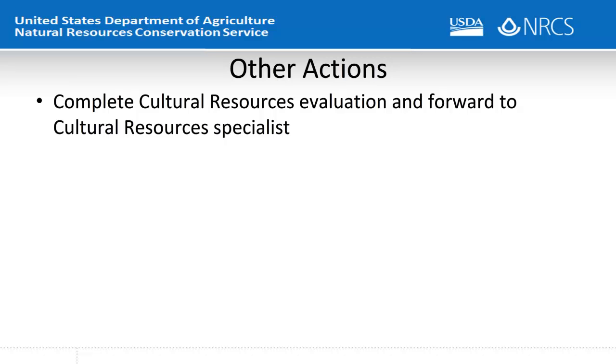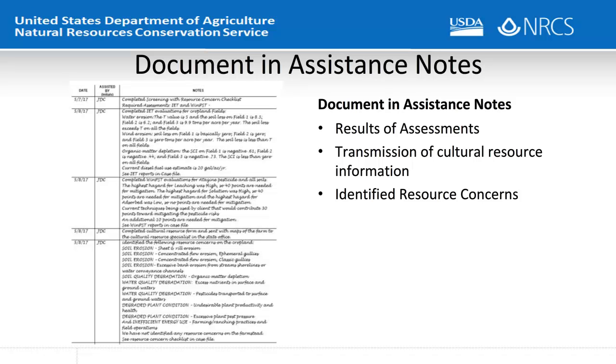A cultural resource evaluation, along with maps of the farm, should be sent to the cultural resource specialist for review and possible consultation with the State Historic Preservation Officer or affected Indian tribes. Now would be a good time to document in the assistance notes the results of the assessments, transmission of the cultural resource information, and the identified resource concerns. Pause the video to review the assistance notes in more detail.